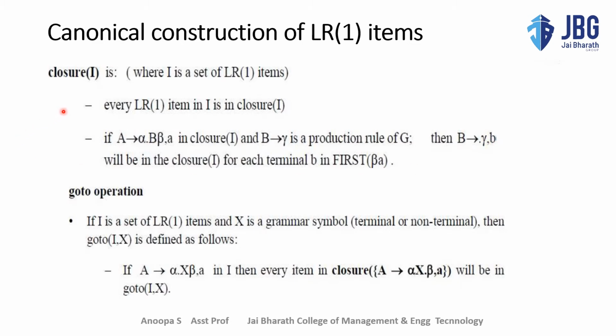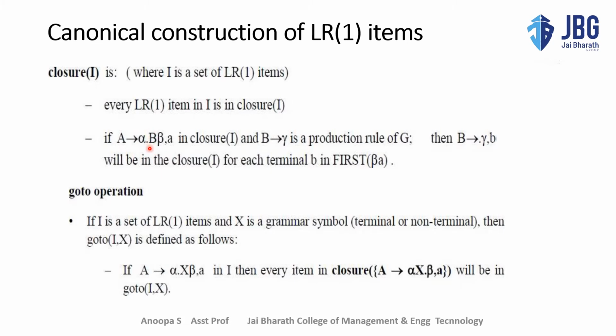Every LR(1) item in I is in closure of I. Now if we have a production A giving alpha dot B beta comma a, after the dot there is a non-terminal symbol, then comes a beta part, a mixture of terminals and non-terminals, and a terminal lookahead symbol. In closure of I, you have to check whether you have any production of B.